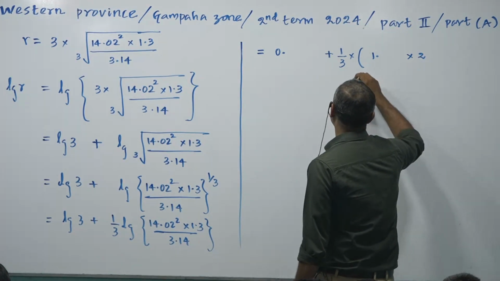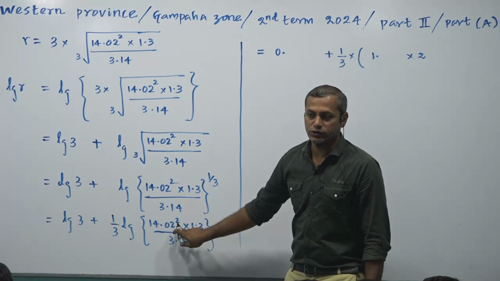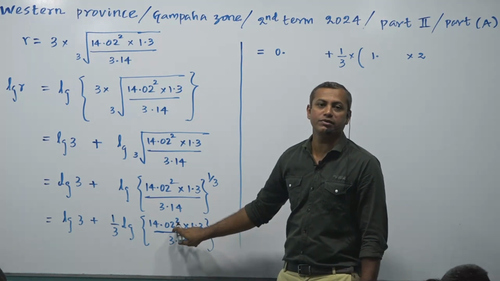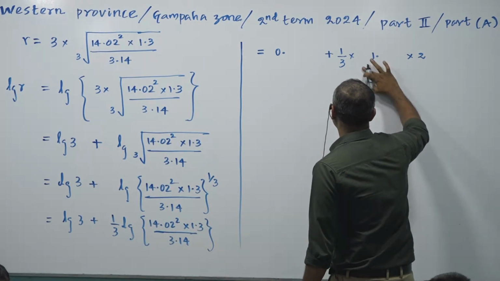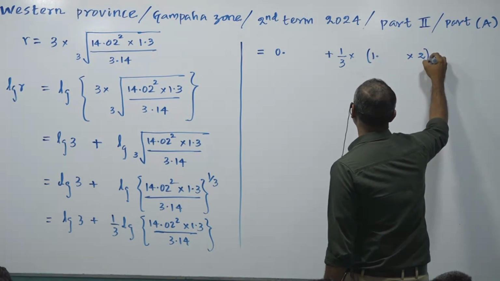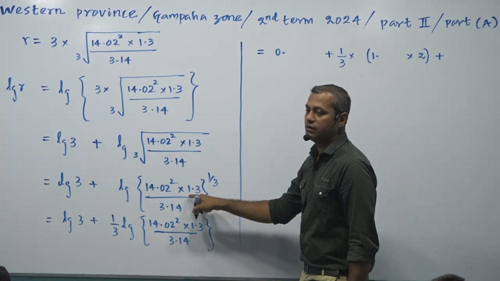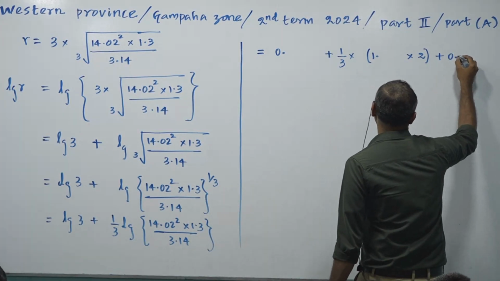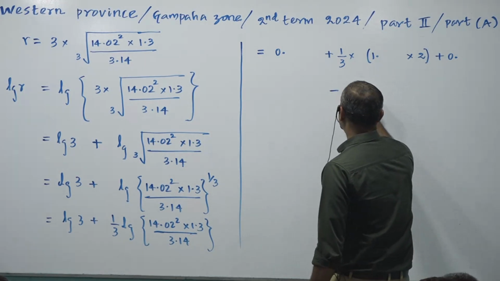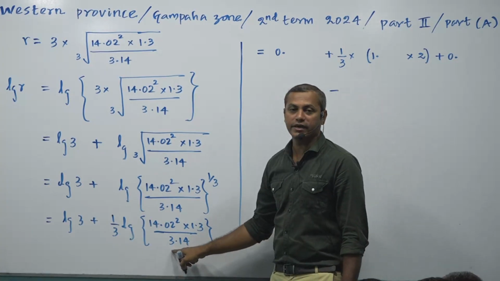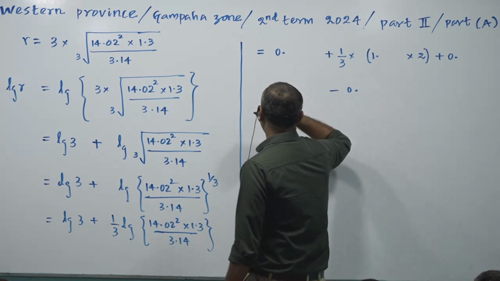Why? Because the power is 2 now. If the power is 2, you should multiply the answer by 2. Plus, what is the characteristic of this number? 0 point something. Then minus 3.14. What is the characteristic of this number? 0 point.